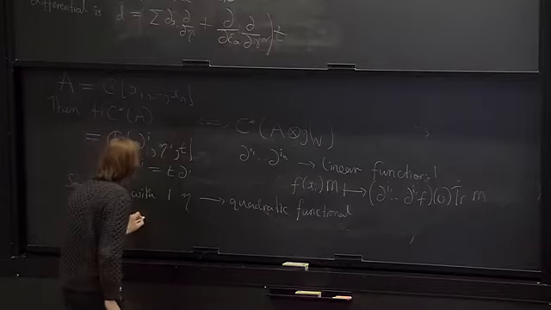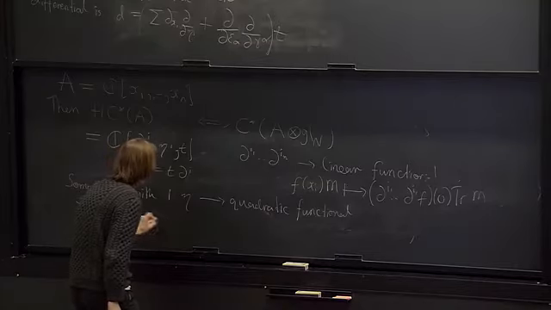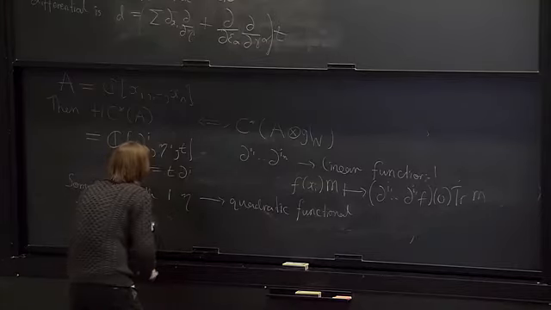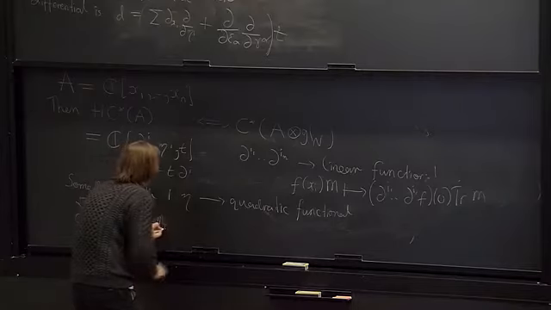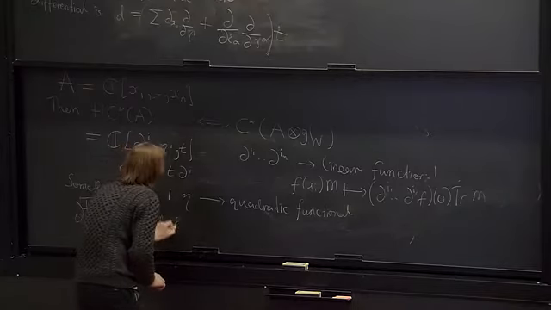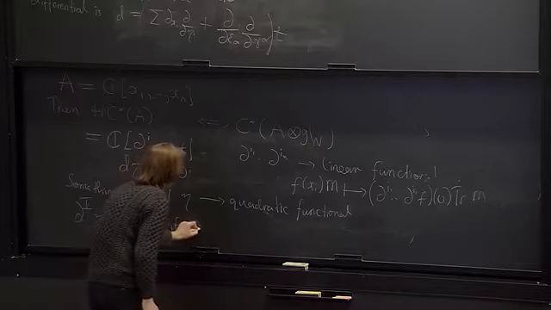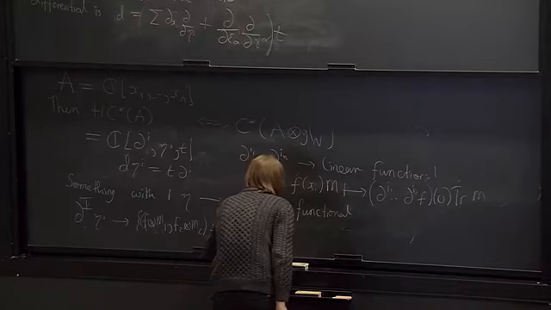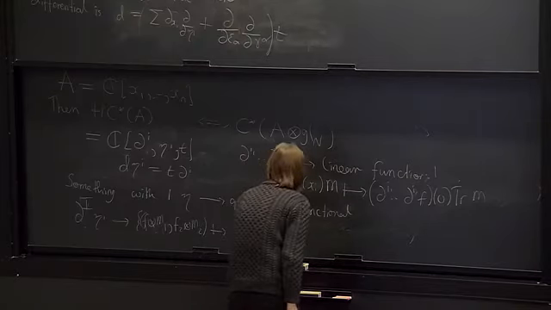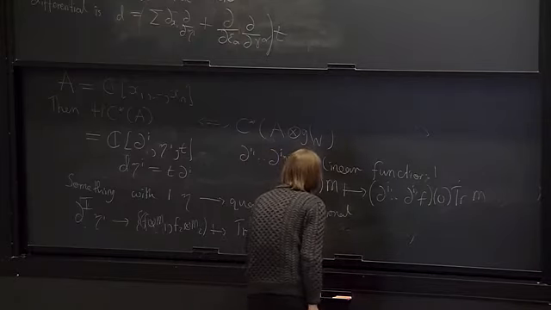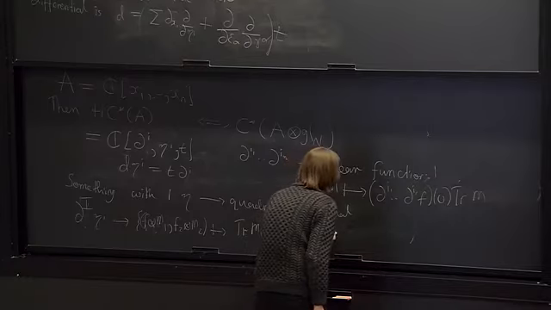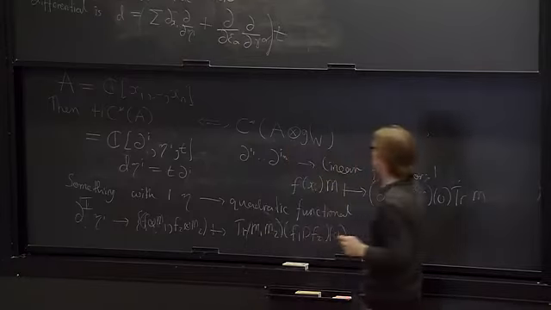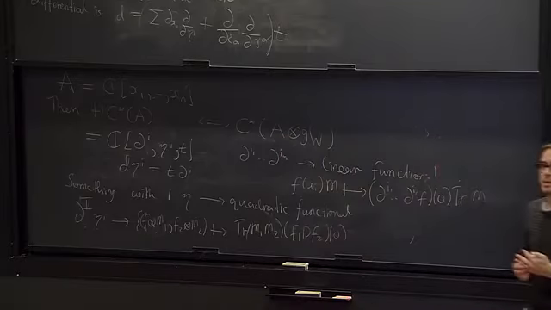I take f1 tensor m1, f2 tensor m2 and it gets sent to the trace of the product of the matrices m2 and m1, times f1 d f2 at 0. And it keeps on going like this.